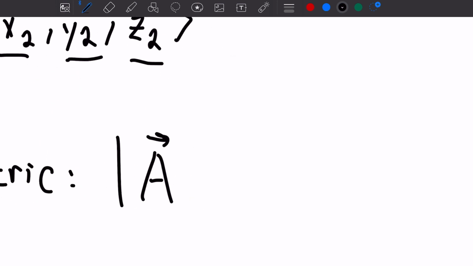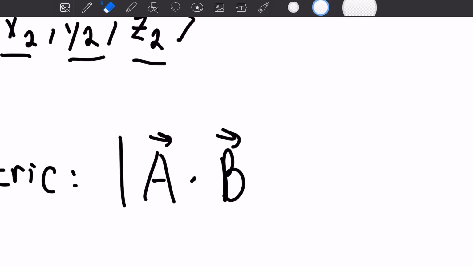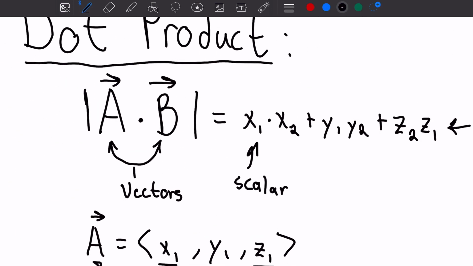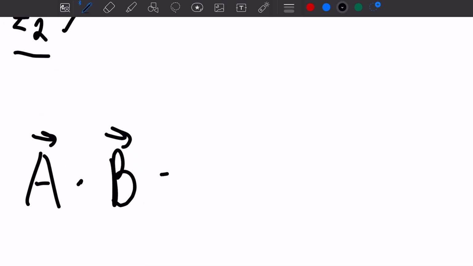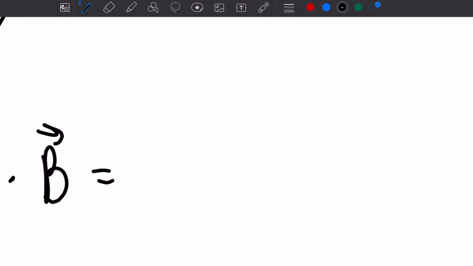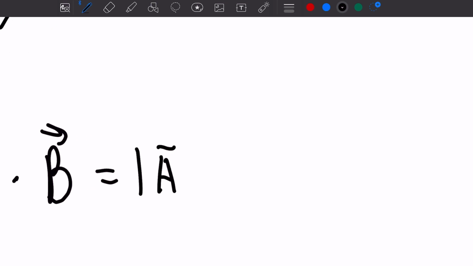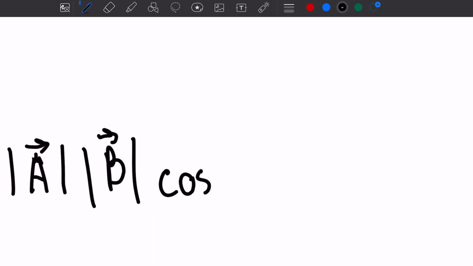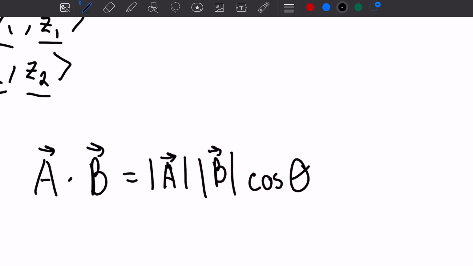It'll be a vector A times a vector B, and what that will be equivalent to is the magnitude of our vector A times the magnitude of our vector B, times the cosine of the smallest angle in between those two vectors.